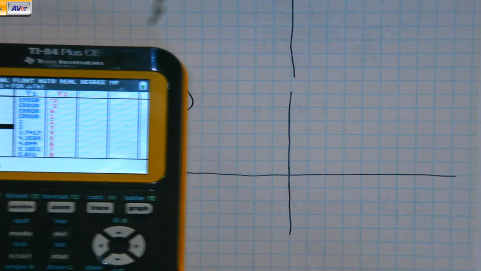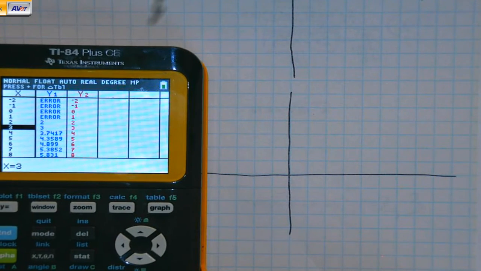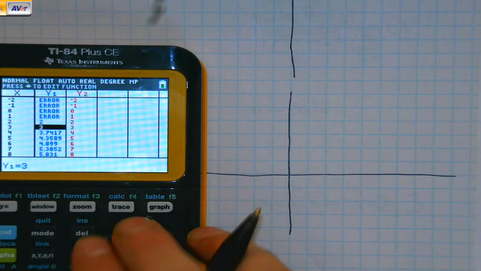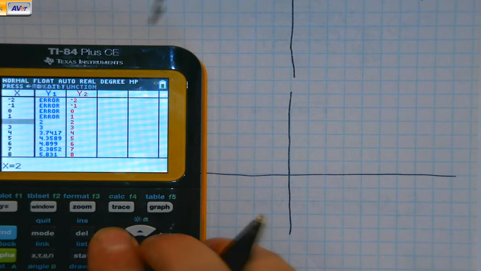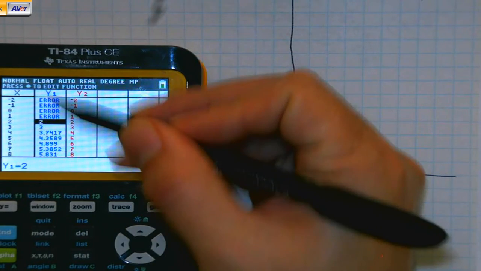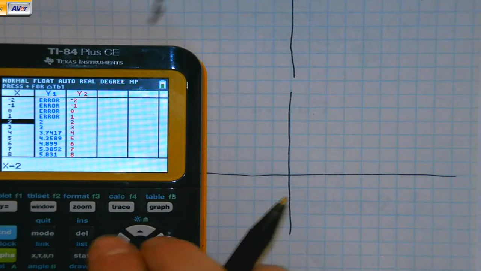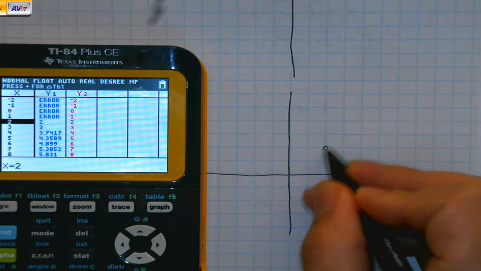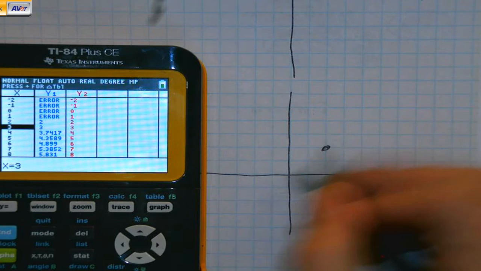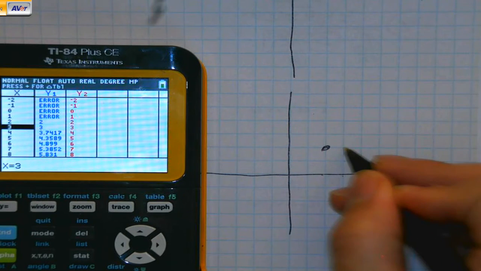So again, with my first one, okay, I'm going to cover up my 10, but we'll get the point here in a second. So for my square root on the left, again, I'm using these y1 numbers with my x's. So like I've got a point at 2, 2. I've got a point at 3, 3.